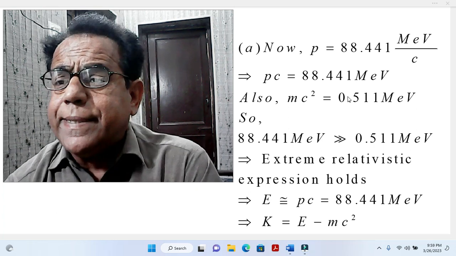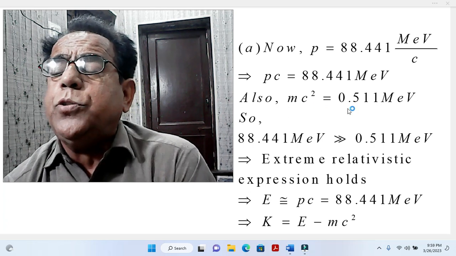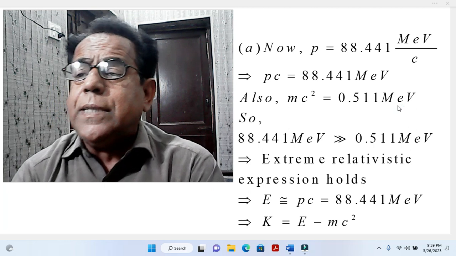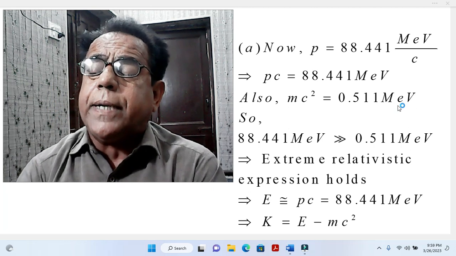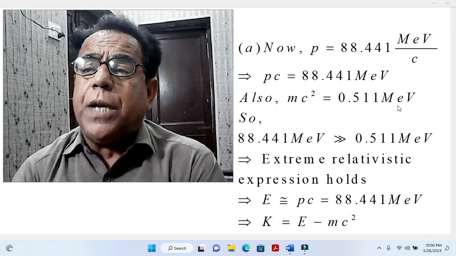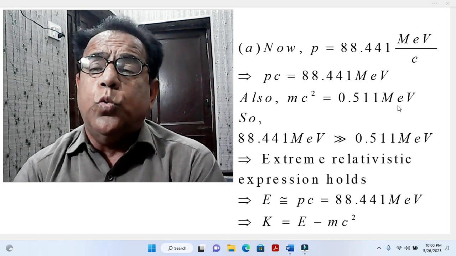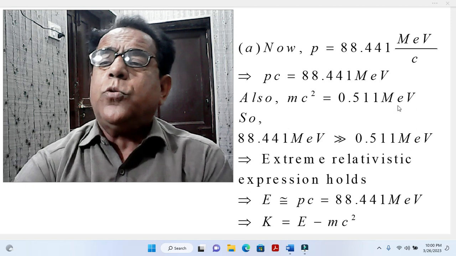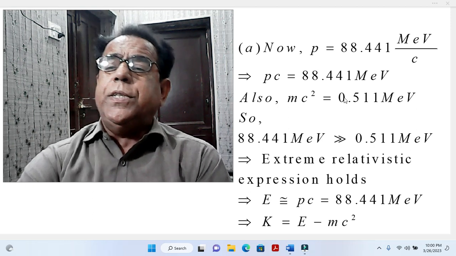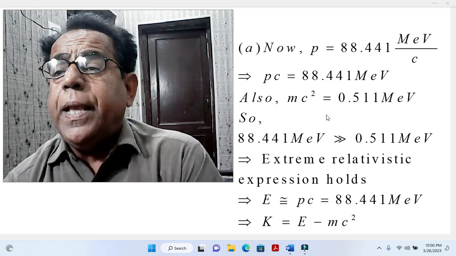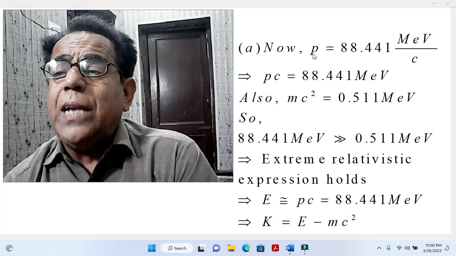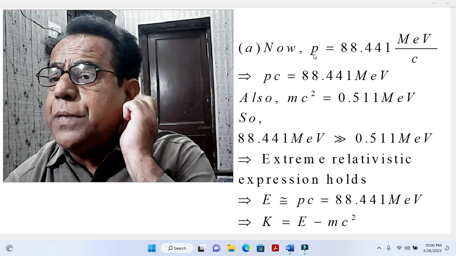Also, mc squared for the electron is equal to 0.511 million electron volt. From where have we taken this value? We have taken this value from the tool table, in which values of electron, proton, neutron and 1u are given. For the time being, I do not go back into that tool. I just recall that the value of P we have calculated in the previous step.